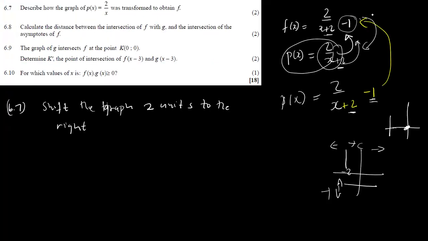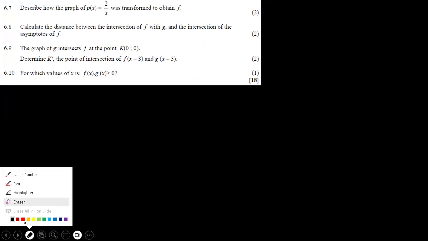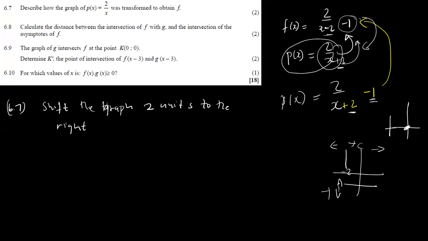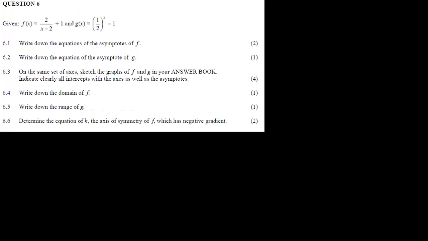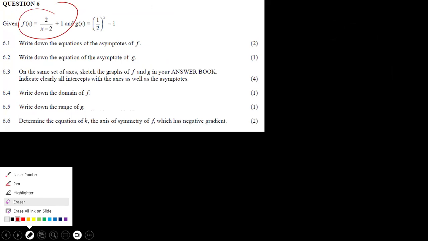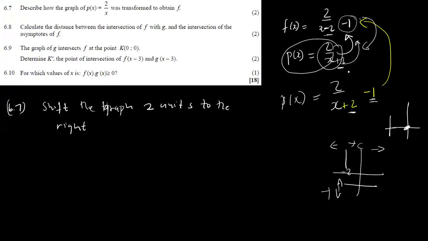Oh, guys, I made a mistake here. It's not +2 here, it's -2 there. I'm confused now. I guess we took it from this graph. I don't know why I wrote positive then. That was just a silly mistake.